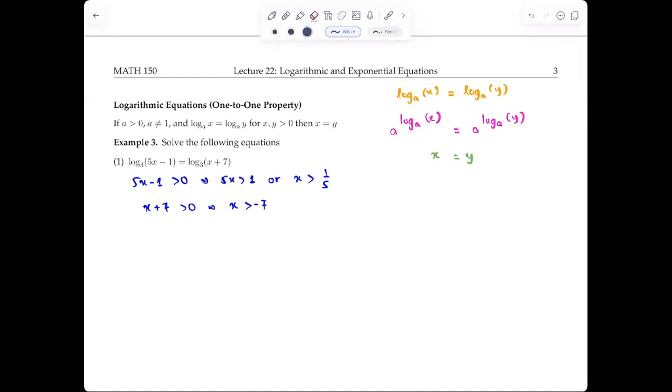What you need to do next is to find the domain that satisfies both functions. So you find the intersection between these two domains. What is the x value such that it satisfies both functions? So again, find the intersection of these two domains.